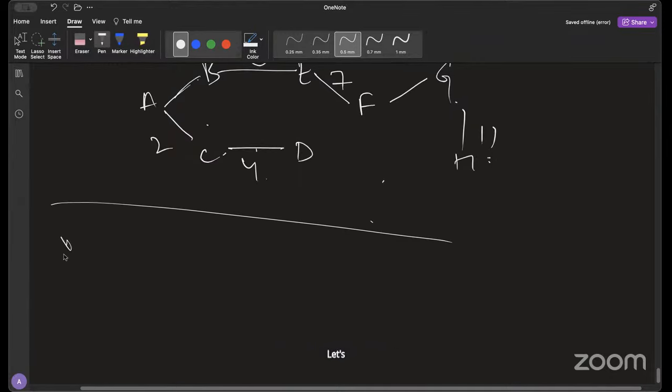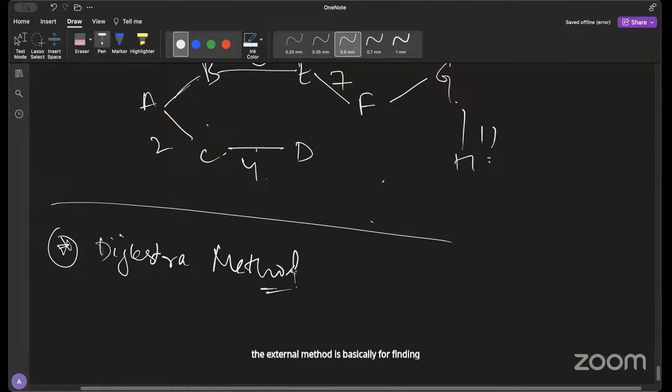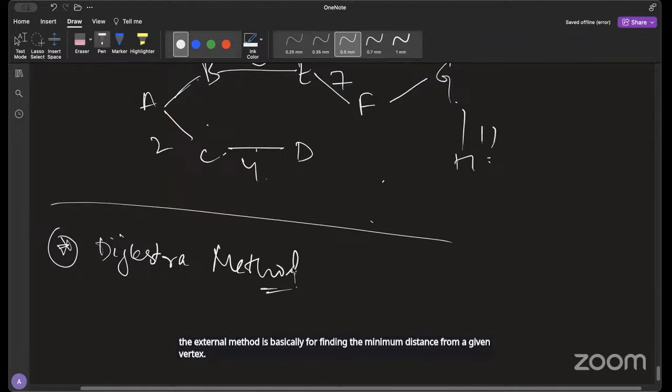So let's move to the Dijkstra method then. The Dijkstra method is basically for finding the minimum distance from a given vertex to all other vertices that are in the graph. So let's just do it using a problem.